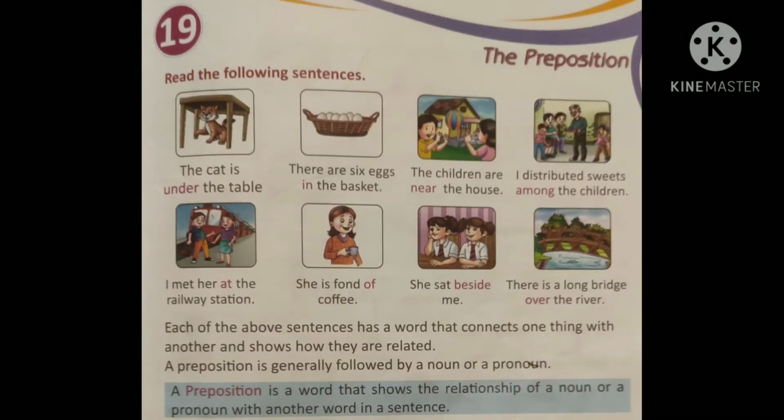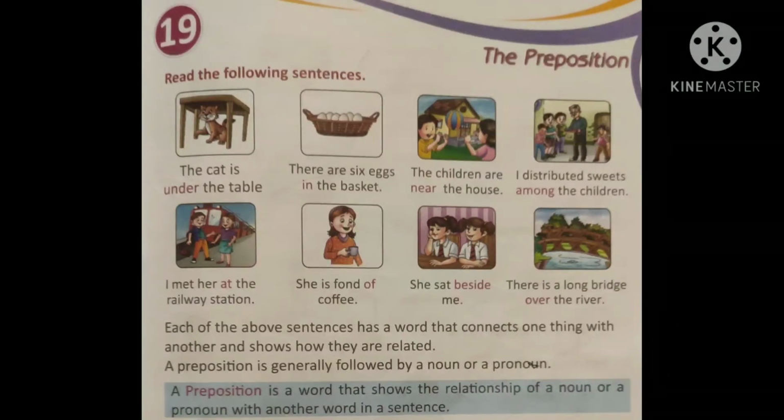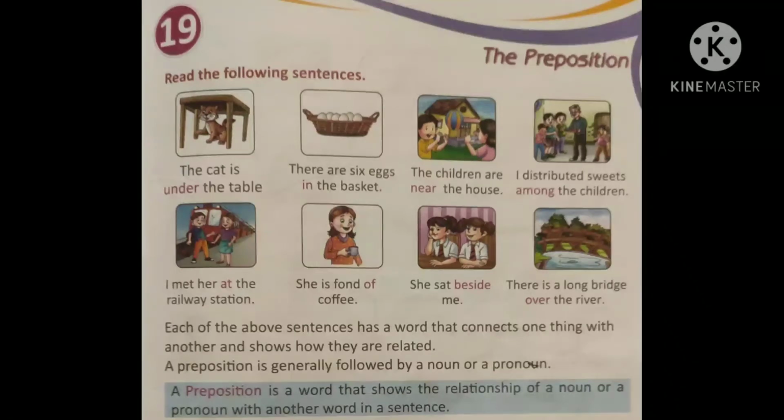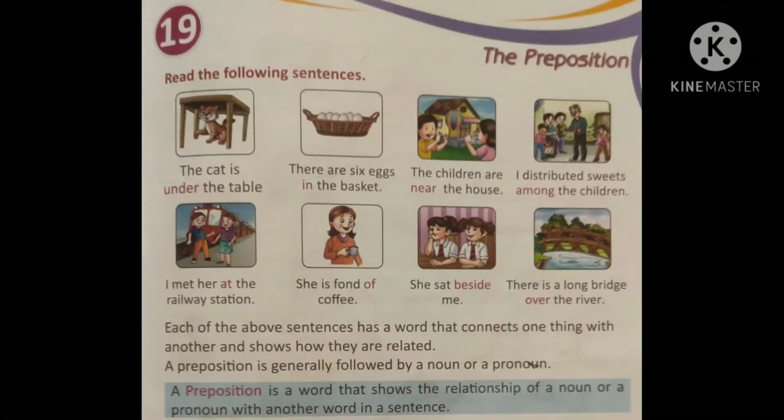For example, you can see in these pictures the relationship of a cat with the table is shown by under. Next example, the relationship of the 6 eggs with the basket is denoted by in. In the next picture, the relationship of children with the house is denoted by near.